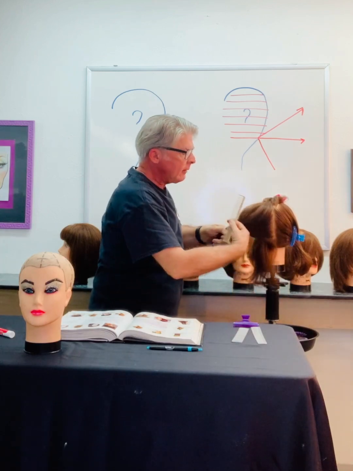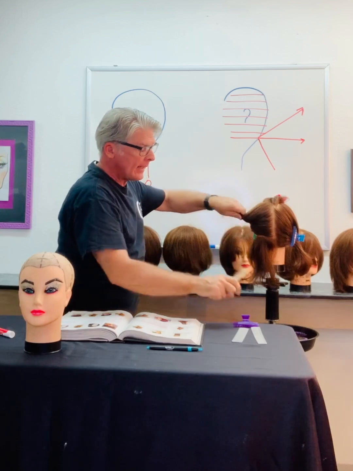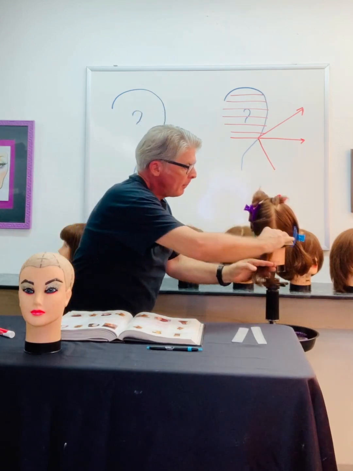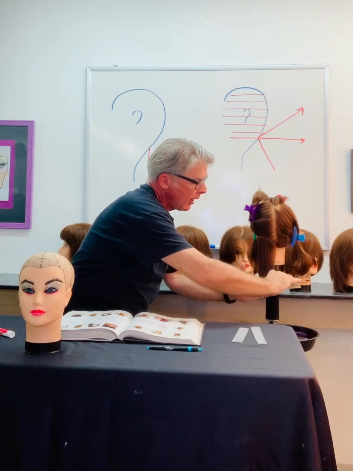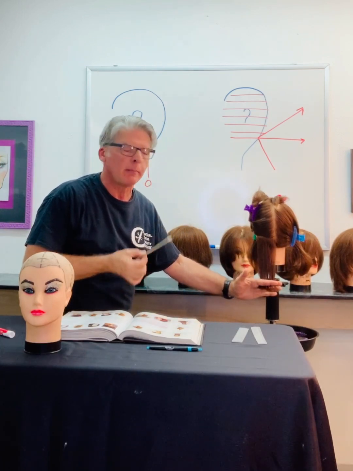Here is my parting. My parting will also become my guide. I'm not going to cut Deborah today. You'll see that tomorrow. But I will come through here and I will cut this hair. This will establish the length of my haircut.